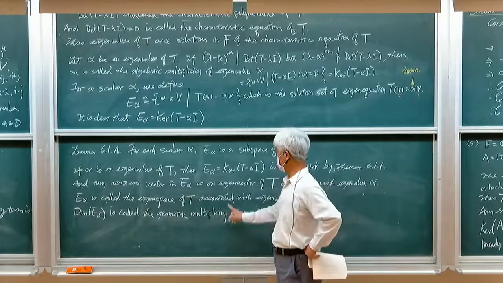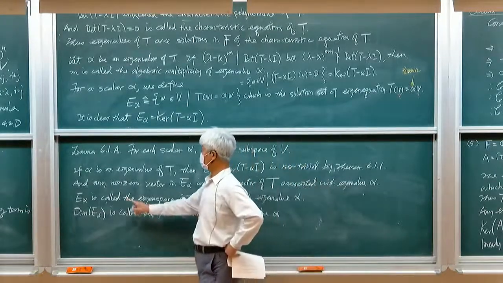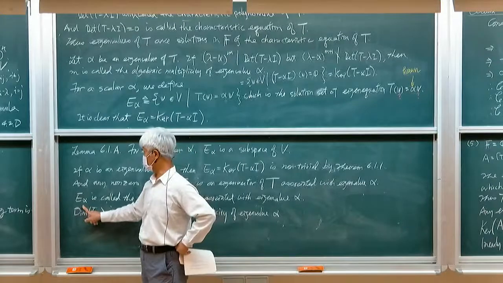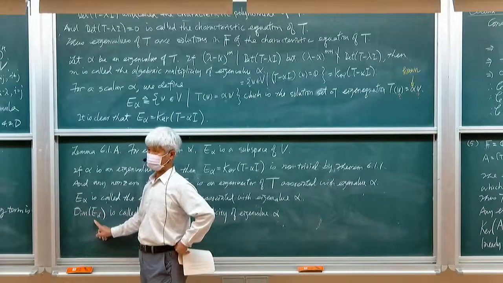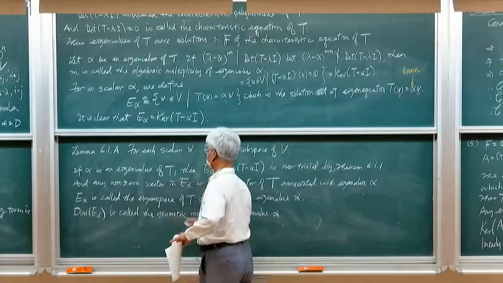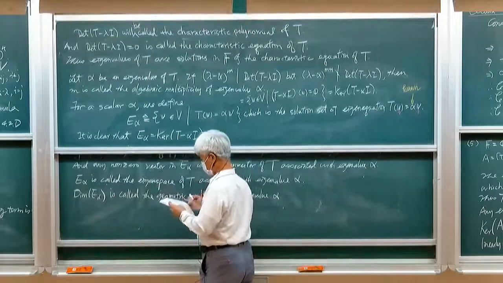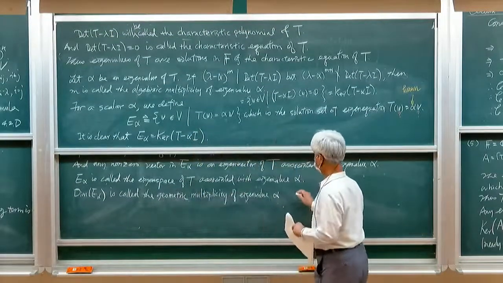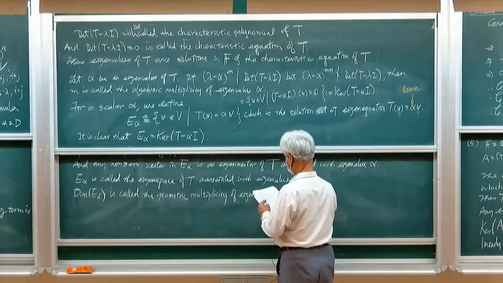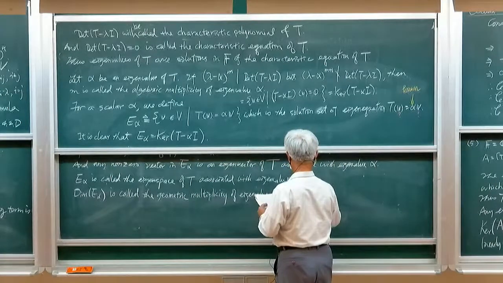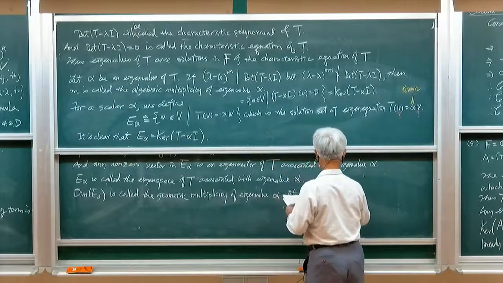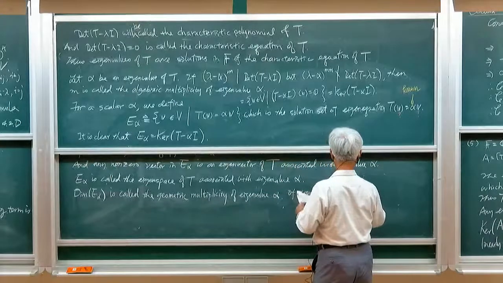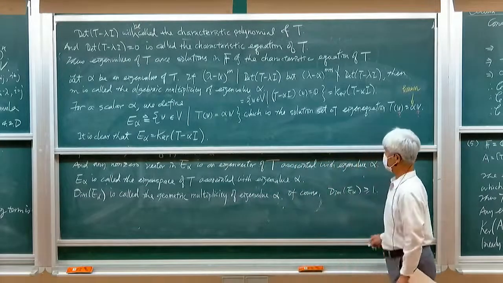You have to find the eigenspace first and determine its dimension. And of course, we know the dimension of the eigenspace will be at least 1.